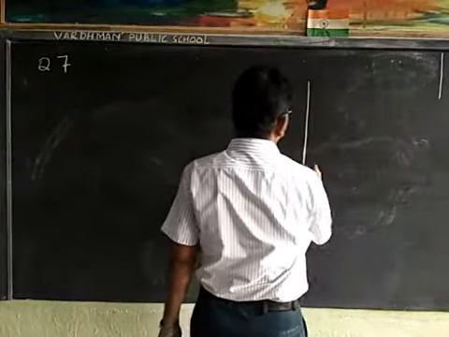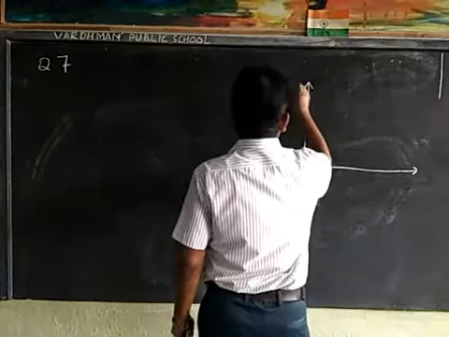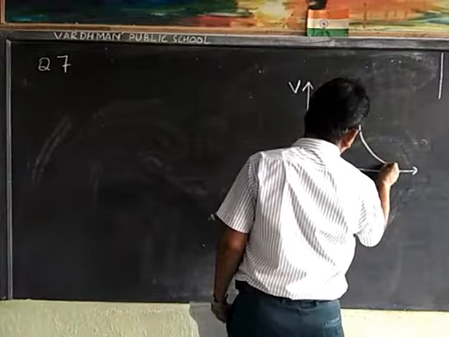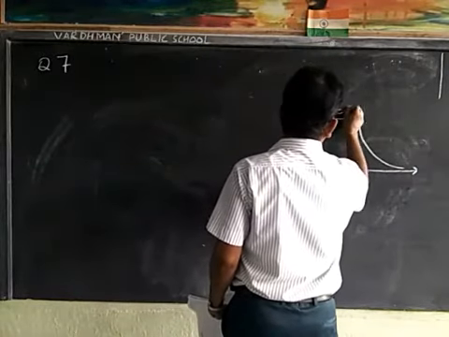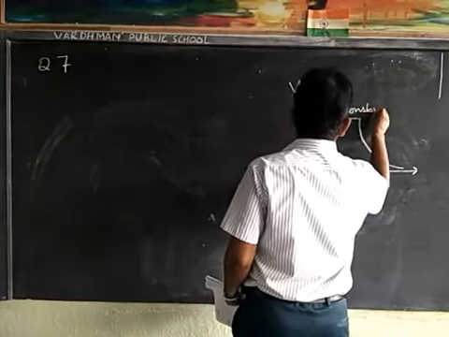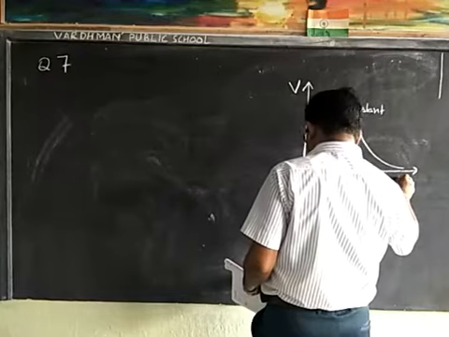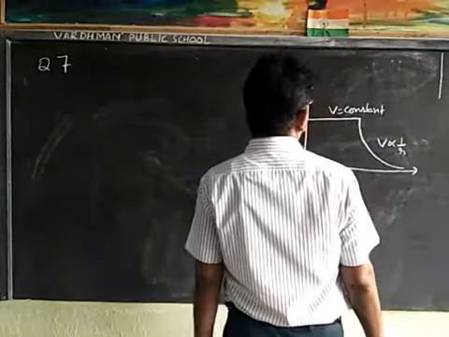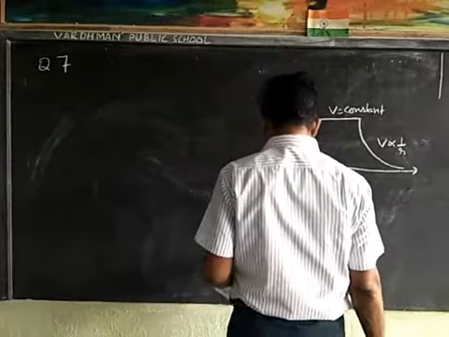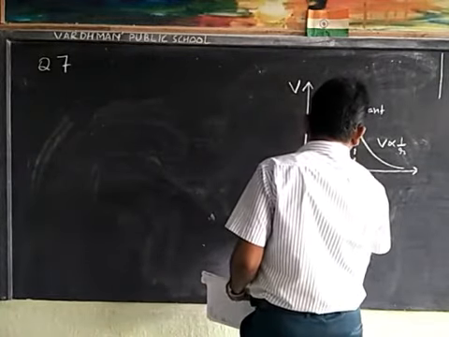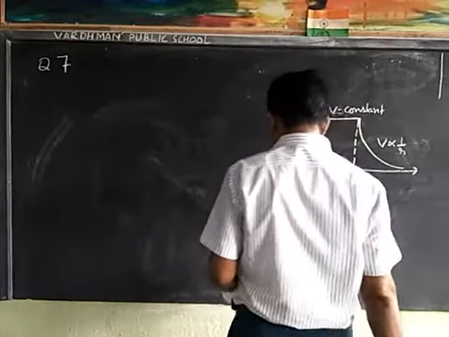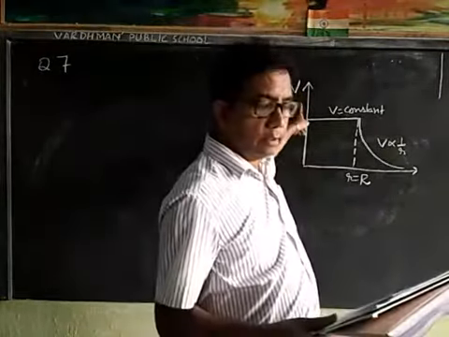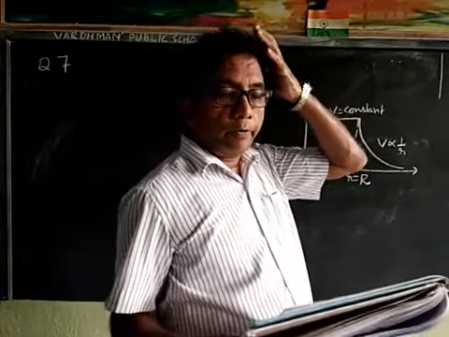Now we will draw the graph. Suppose this is electric potential and this is distance. Here the potential V is constant, then V is proportional to 1 upon r, and here small r equals capital R.